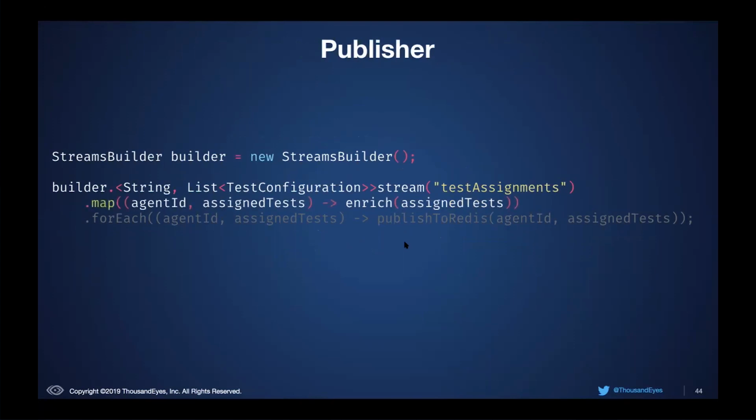It then enriches it with some metadata. And then for each enriched test, it pushes it to a Redis topic. Now, Redis topics are kind of different from Kafka topics in that they're fire and forget. So if no one is listening to a Redis topic, the message just disappears. But the good thing about that is they're super lightweight and pretty easy to scale and manage.